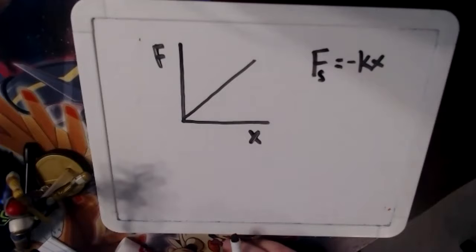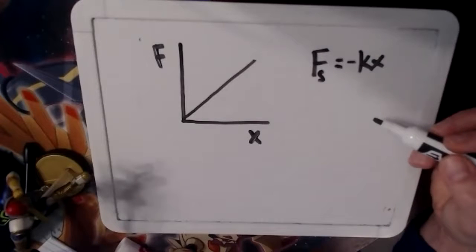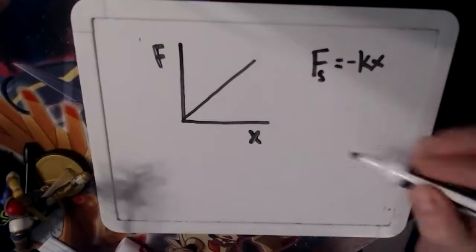So then we can use that other concept that says, well, if I want to figure out the work done, I would take the area underneath this curve, and the area underneath this curve is this function right here. So when I integrate that function, k is a constant.